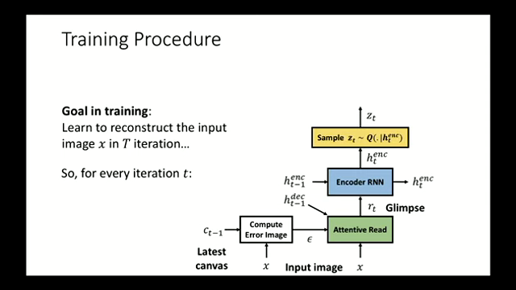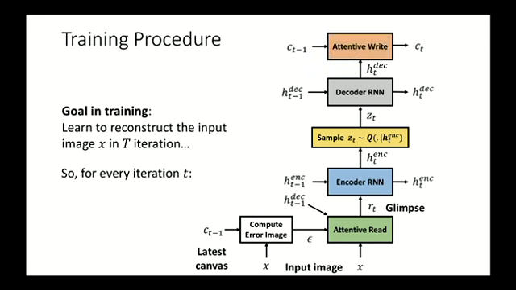You update the state. Now you sample the latent variable Z. Then you have the decoder RNN. Then you do attentive write. Again, where to write is controlled by the decoder state. And this is your same latest canvas, and then you get the updated canvas. And then you keep repeating this for T iterations, hoping that eventually the final canvas looks something like the input image X.